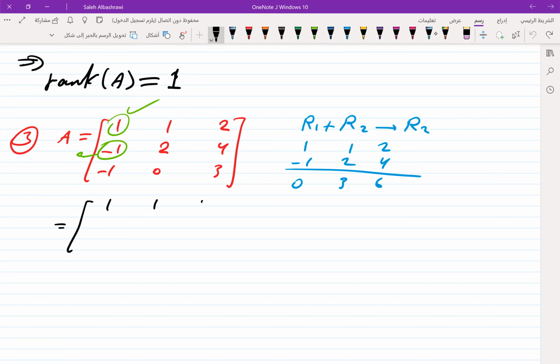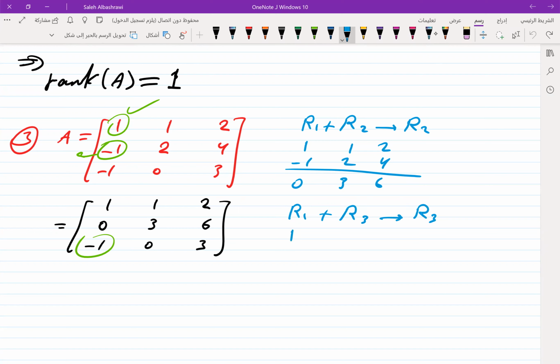1, 1, 2. I have 0, 3, and 6. Minus 1, 0, and 3. I need to make this equal to 0. I'm going to add R1 plus R3 and put it in R3. That will be, first row is 1, 1, 2.